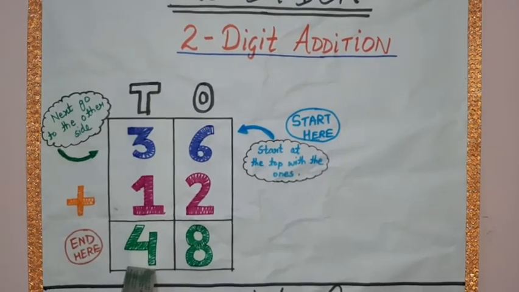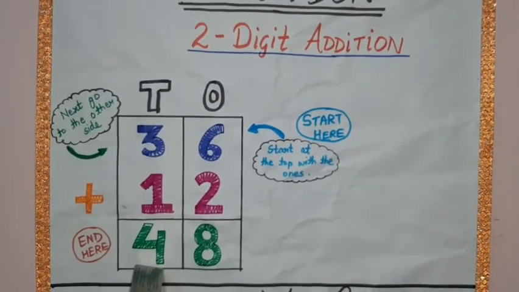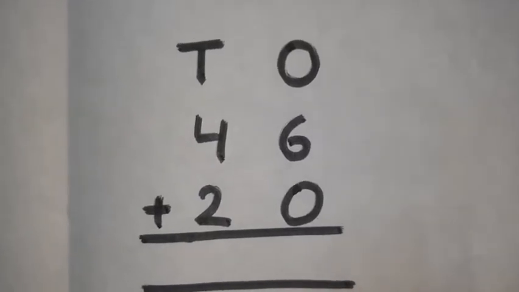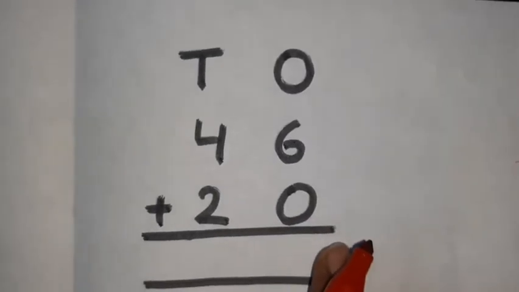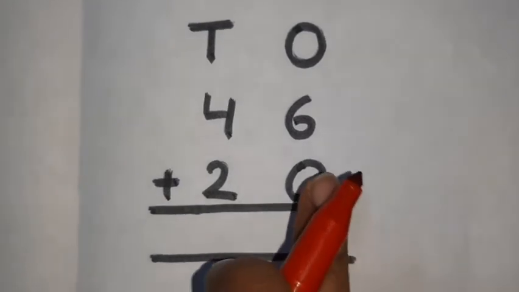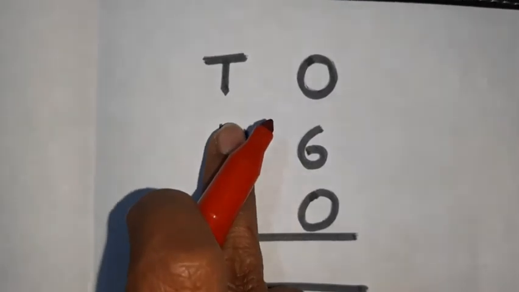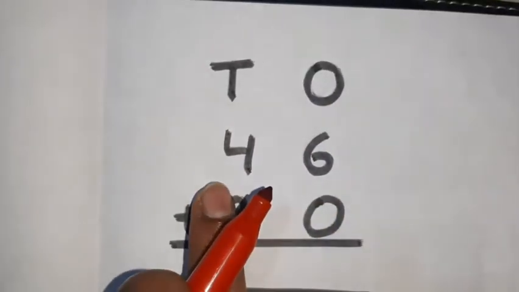Let's see some more examples of addition. Children, here I have taken 46 and 20. Okay, so let's start doing our addition. Here we have written ones digit at ones place and tens digit at tens place. That is 6 below ones and 4 below tens.